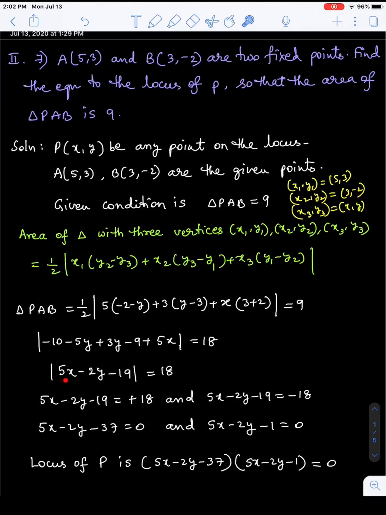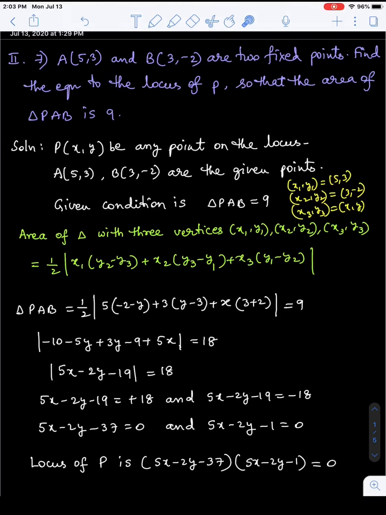The first term to be written is 5x, after that the y terms. There are two y terms in it. You can simplify them. Minus 5 plus 3 is minus 2, so minus 2y. And you can add these two also: minus 10 minus 9, you get minus 19, is equal to 18.